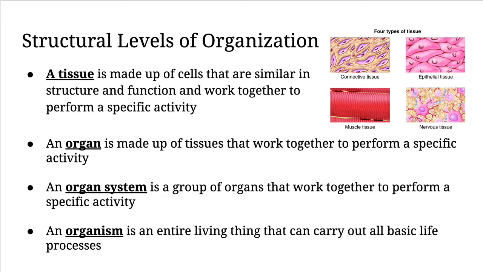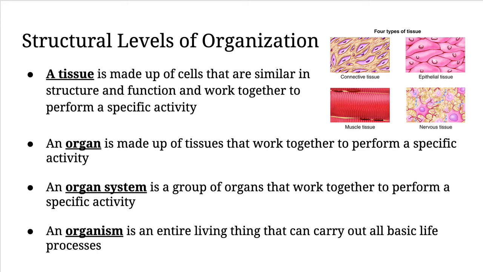That allows the organism to carry out all of the basic life functions that need to happen. Those basic life functions we'll be getting into after our intro of organ systems.